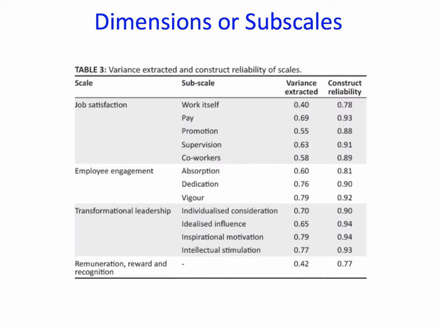If we look here, we have job satisfaction, and we have the scale of job satisfaction, and then we have subscales, and then we have employee engagement, and then we have 3 subscales to represent that particular concept. You'll see this in the literature, so I just wanted to give you a heads up when you're reading and help you understand why that is the case.